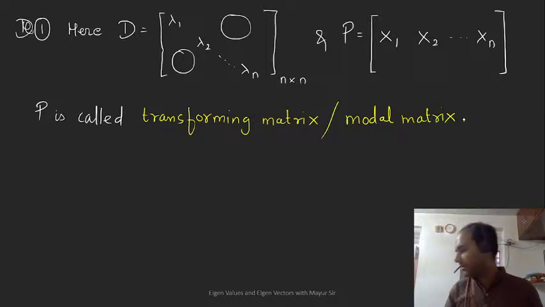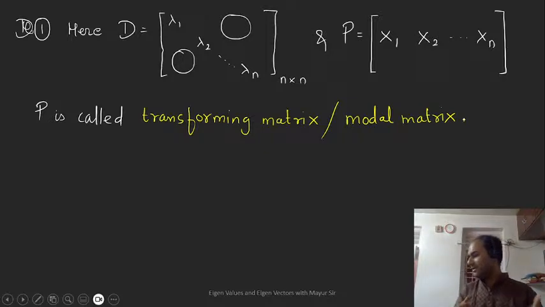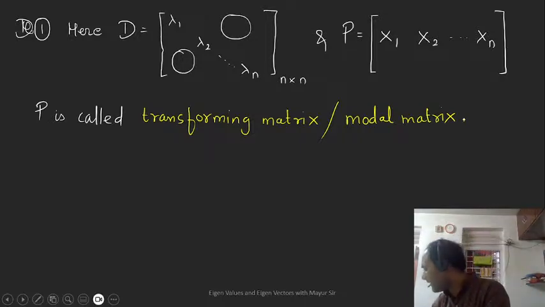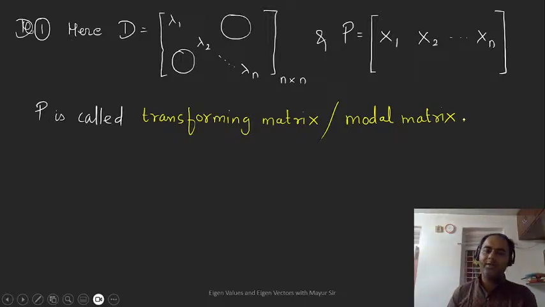If you have any doubt over here, please let me know. I will change the whole thing if you have any difficulty in this. Some people are there, some are not, so let's see how to handle this. Now P is called a transforming matrix, or a modal matrix.